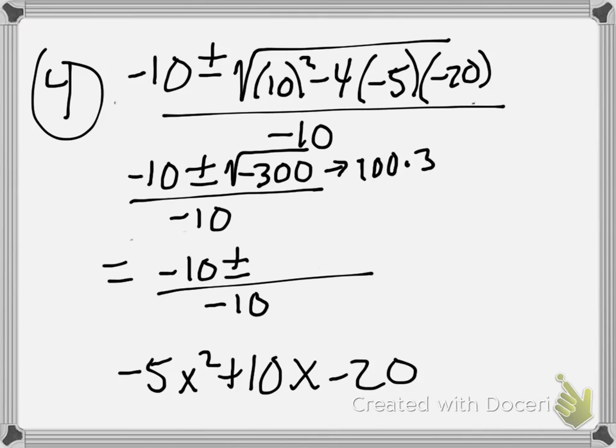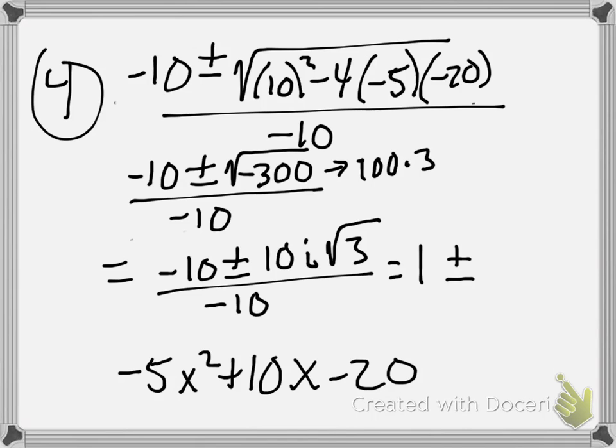So the square root of negative 300, we know it's going to be imaginary. And the square root of 100 is 10, so that's going to become 10i with the square root of 3 left underneath. Each one is divisible by 10, so negative 10 divided by negative 10 is positive 1, plus or minus. Now I know it's going to seem a little bit weird here because 10 divided by negative 10 is negative 1, but because it's a plus and minus in front of it, you actually don't have to put that.